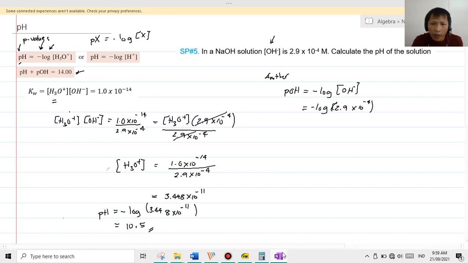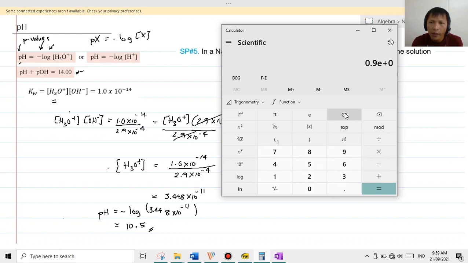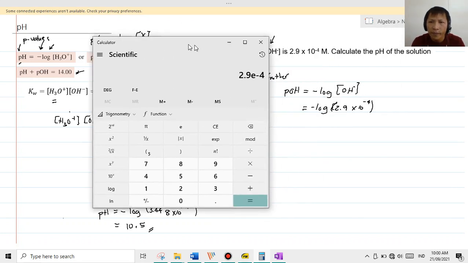So I will use the calculator. Negative log of 2.9 times 10 to the negative 4.